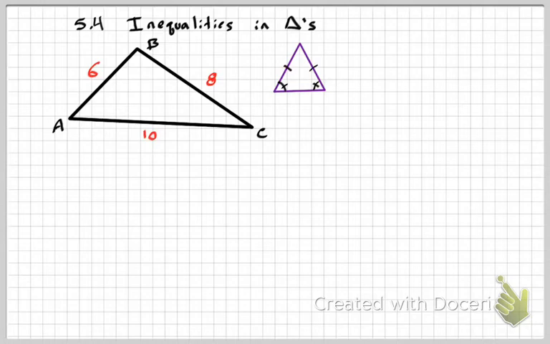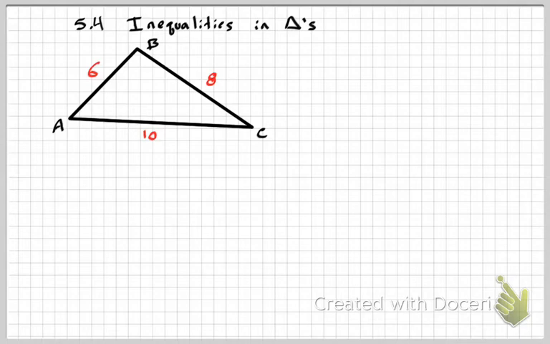Now that concept derives from there being limitations in how you can build a triangle, right? And so you can't just put any three lengths together to make a triangle. There's rules and there's restrictions. But that's for 5.5. Today we're just going to talk about how we can determine which angles or sides are the longest if we know either all the sides or all the angles or some of the sides or some of the angles.